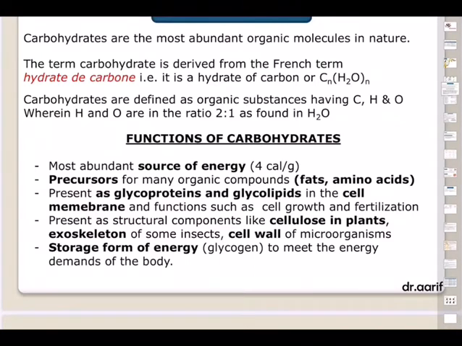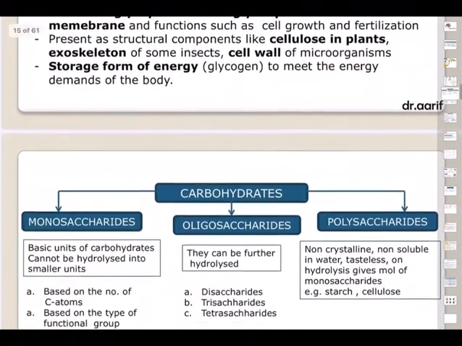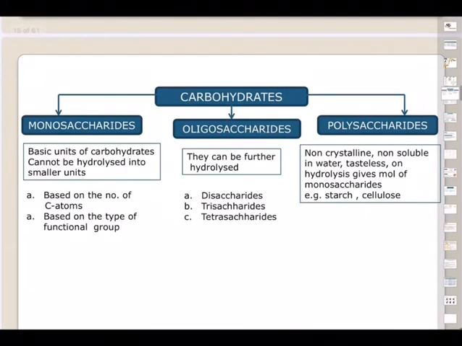It is a structural component in cellulose, the plant material, the exoskeleton of some insects, and the cell wall of microorganisms. And of course it gets stored in the form of glycogen to meet the energy demands of our body as and when we require. Now, classification. What is a saccharide?